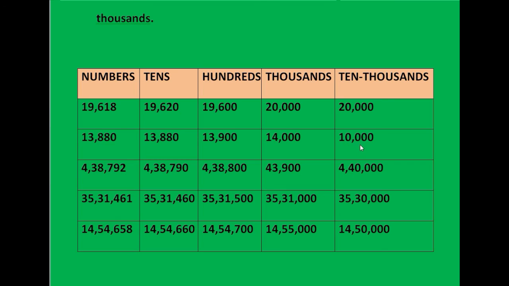Now next, rounded off to 10,000s. See the 10,000s digit, that is 1. To the right of this is 3, which is less than 5. So according to rule number 2, we should not add 1 to this digit.